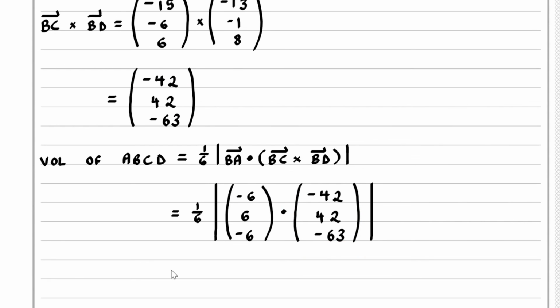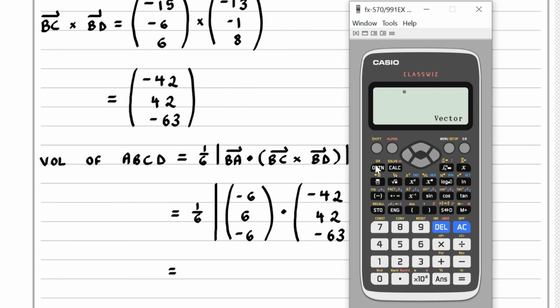So if I work out what this is, well, what we'll do is let's define a new vector C to be -6, 6, -6, and then we will take this vector C and we will dot product this with the previous answer we just worked out.